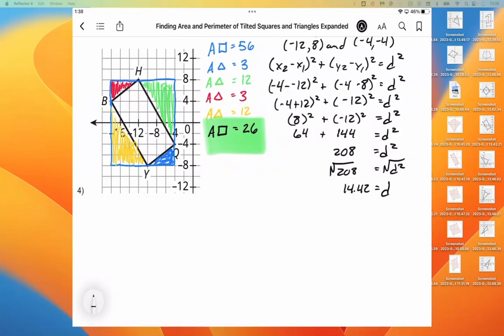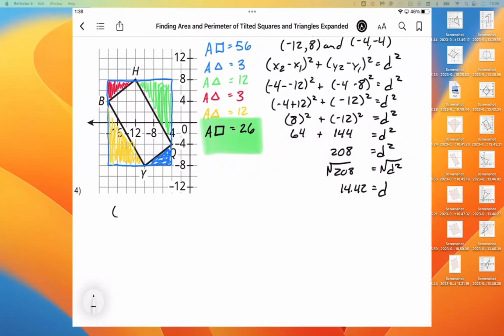And then for the short side, I will use negative 4, negative 4, and looks like that's negative 10, negative 8.